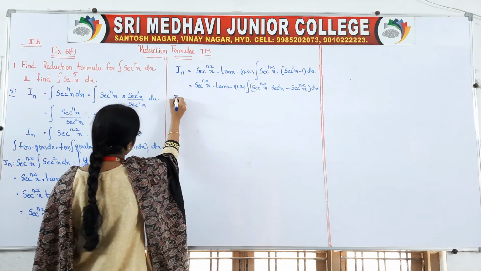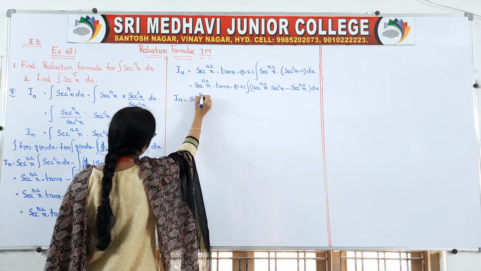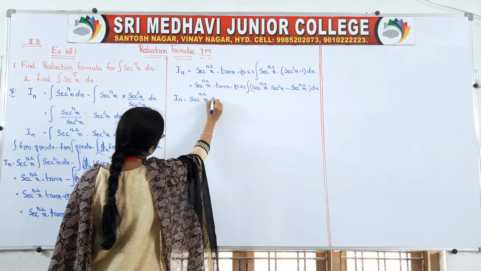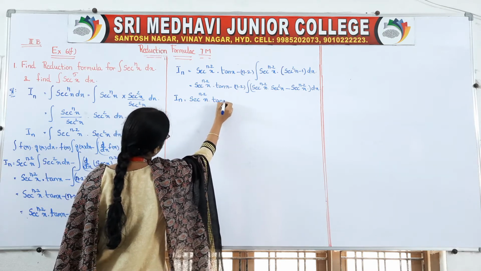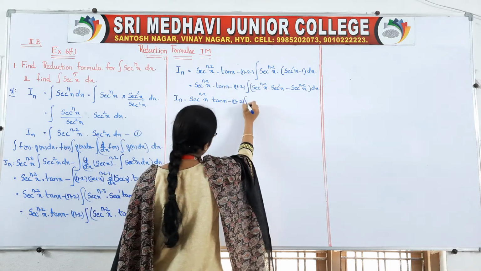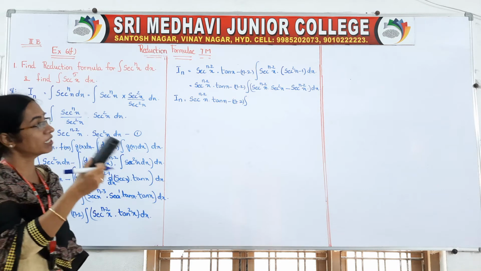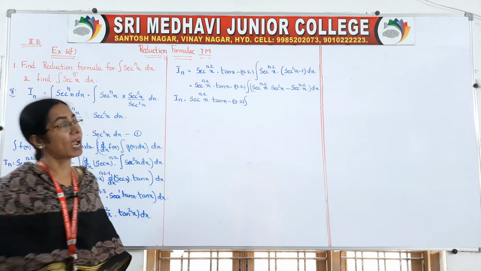So In is equal to secant to the power of n minus 2 x into tan x minus n minus 2 into, again the same thing: in a product, if bases are same, power should be added.